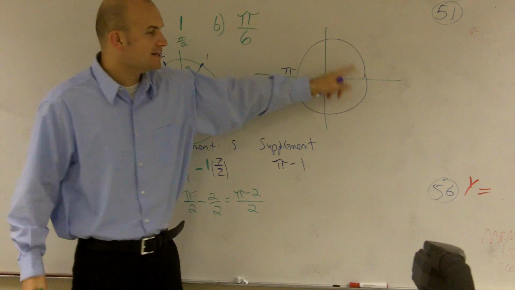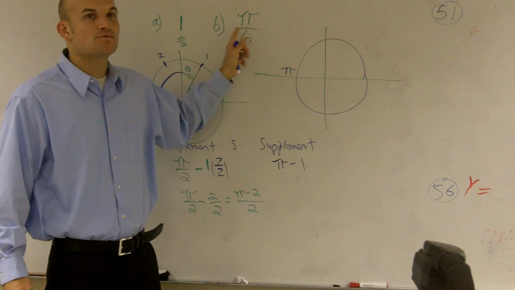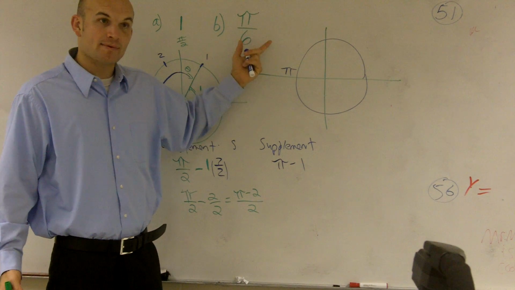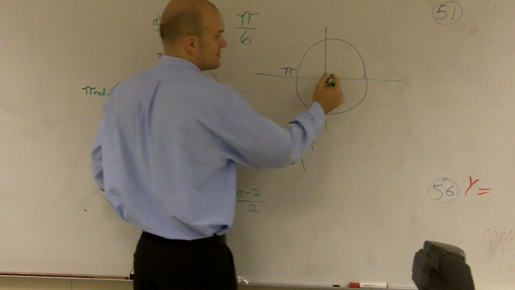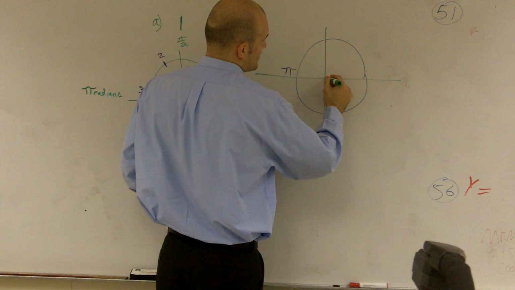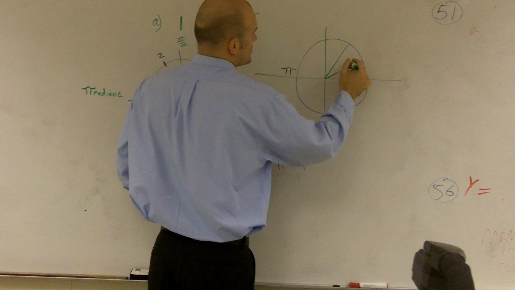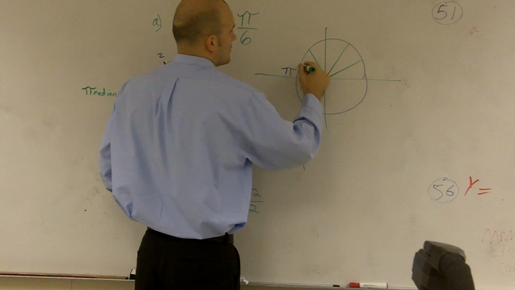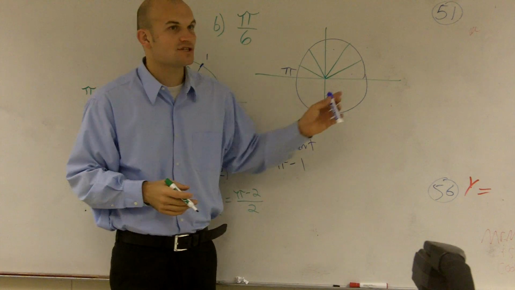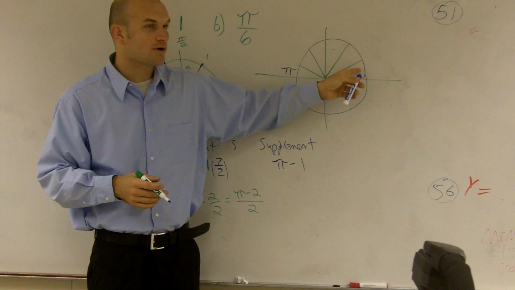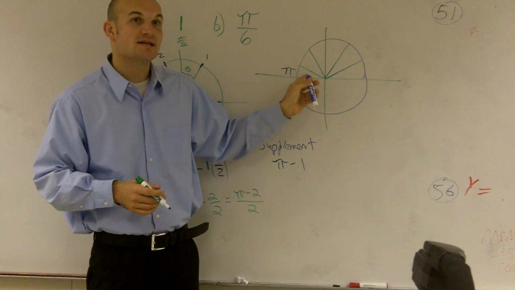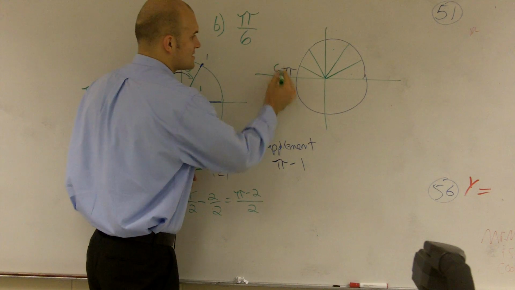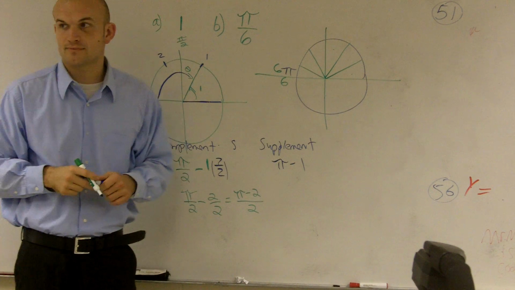So since from here to here is pi radians, I want to say what is 1/6 of that? So what I'm going to do is I need to break from here to here into sixths. So let's see, this would be 1, 2, 3. Okay, so now what I've just done is I've broken this down into 6. 1/6, 2/6, 3/6, 4/6, 5/6, 6/6. 6/6 is the same thing as pi.